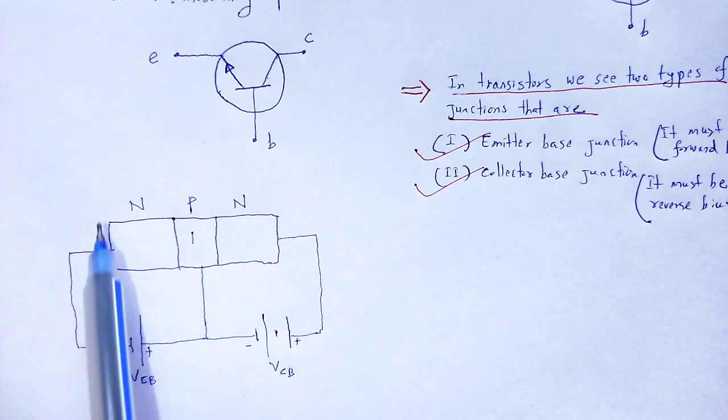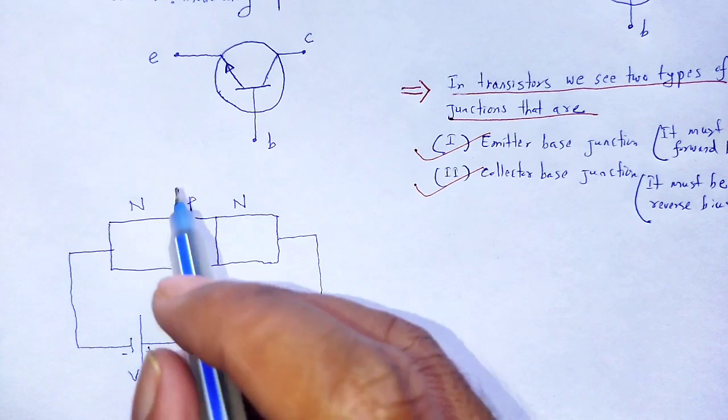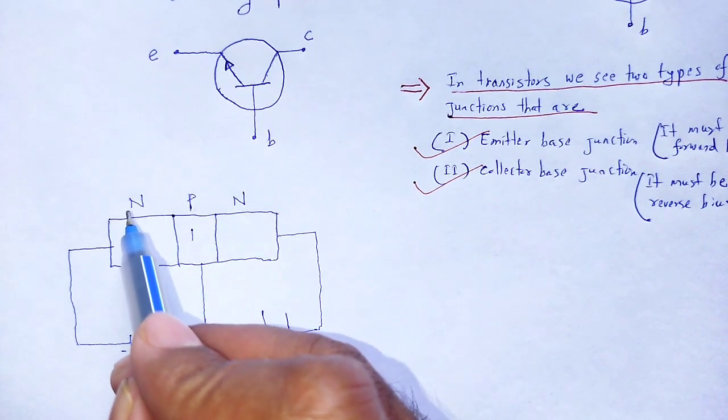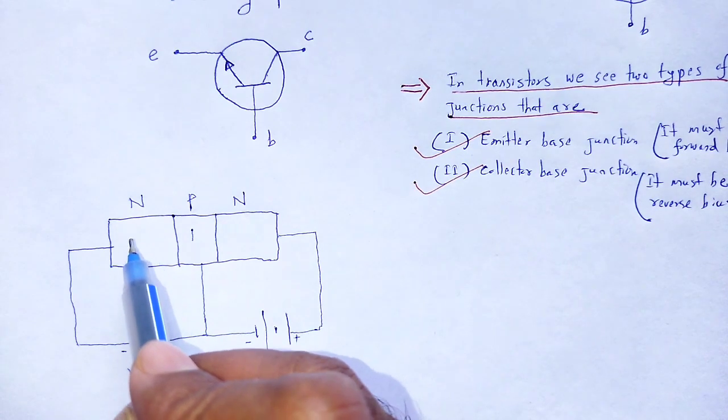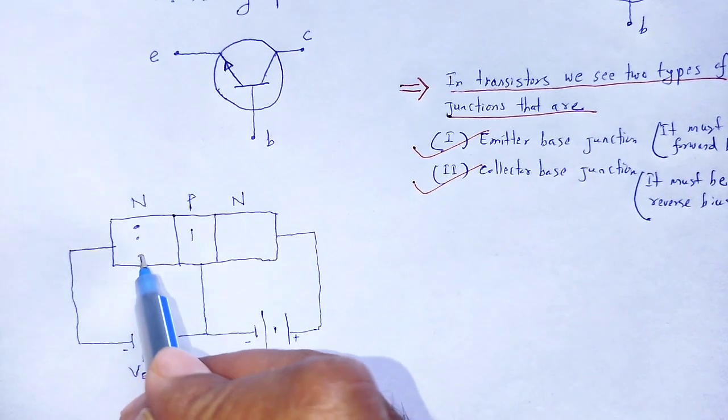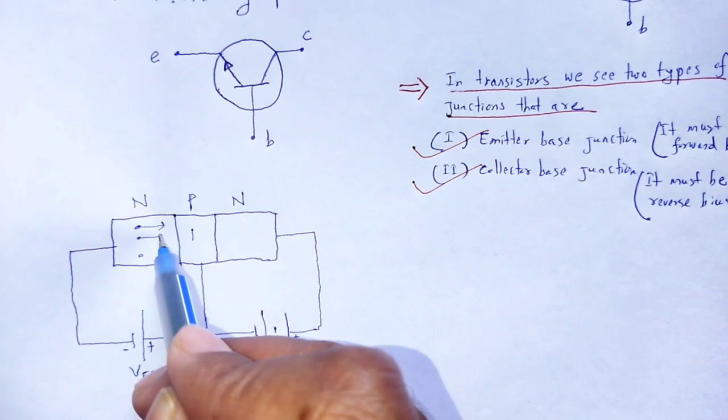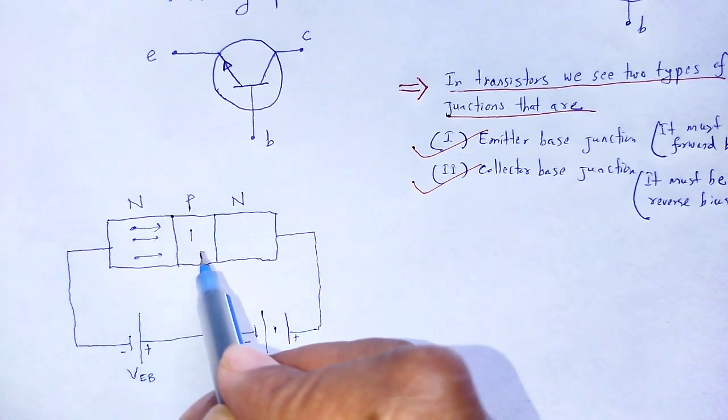As it is forward biased, the majority charge carriers are electrons. Now the electrons move like this.